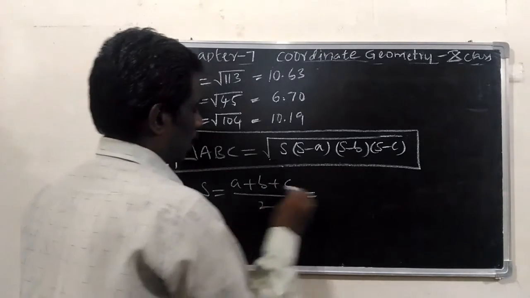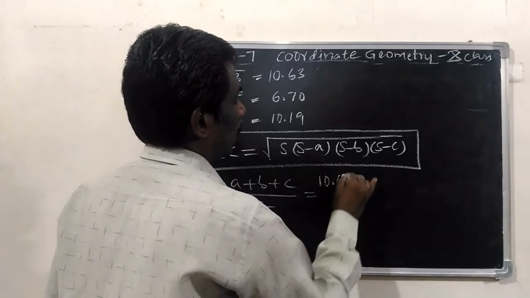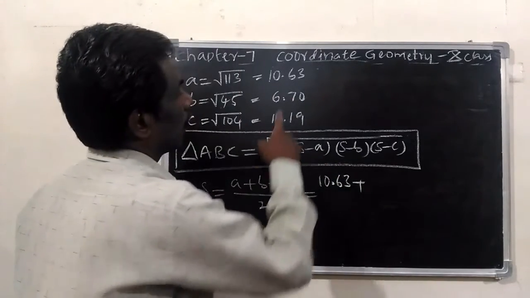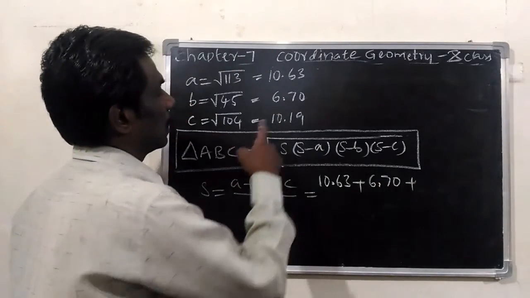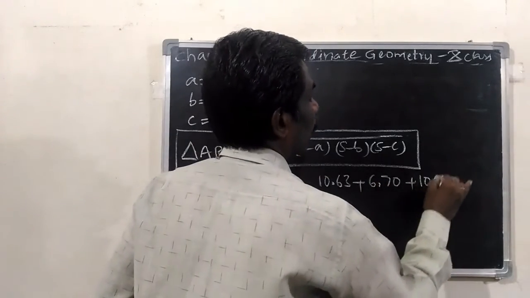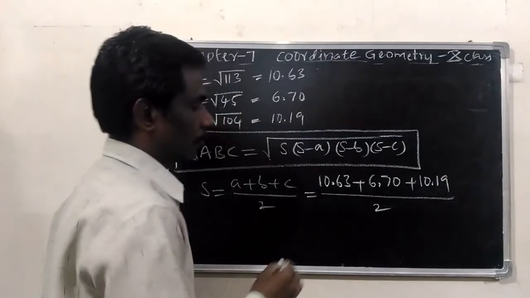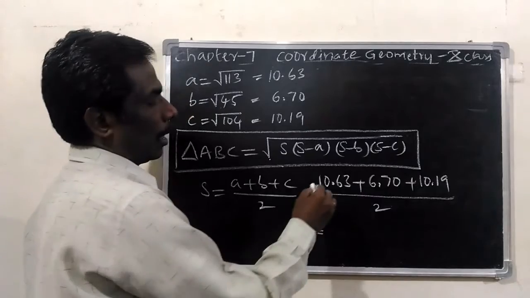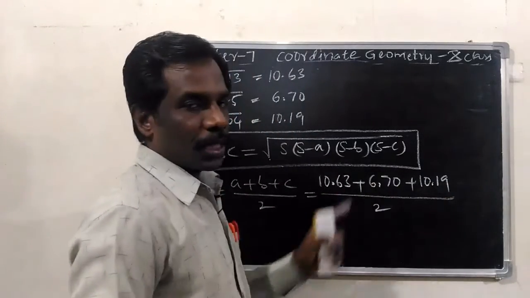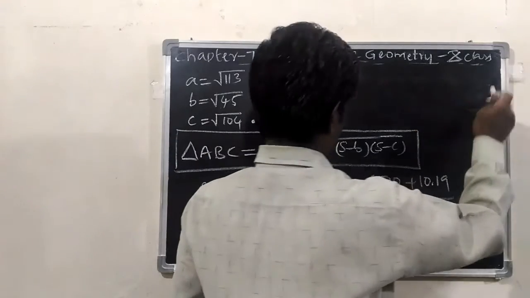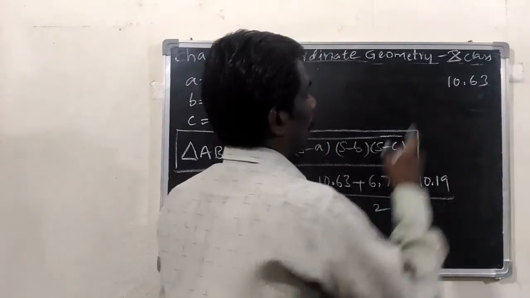So a is 10.63 plus b is 6.70 plus c is 10.19, divided by 2.